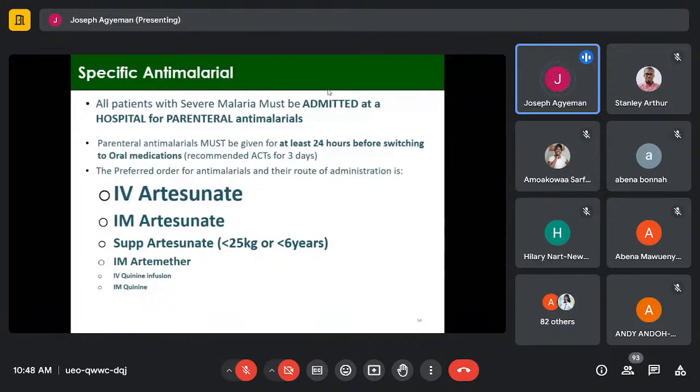And then looking at the progress, in case the patient gets better and can now tolerate oral medications with improved clinical parameters, then we may switch to the normally recommended ACTs for uncomplicated malaria. If the patient fails to improve, then we will continue with the injectables, and depending on the agent, we may do either 5 days or 7 days.